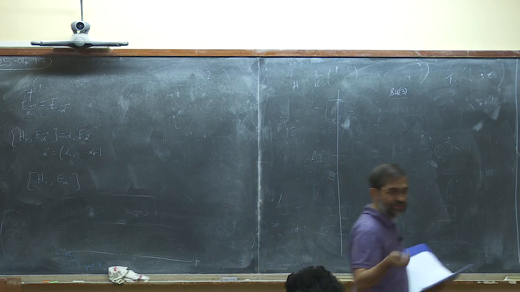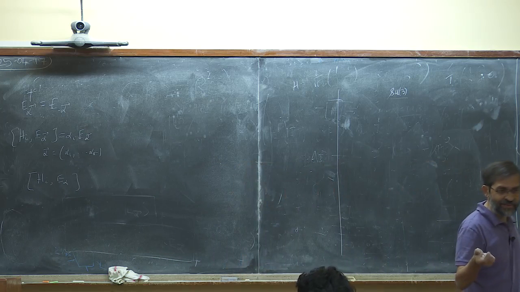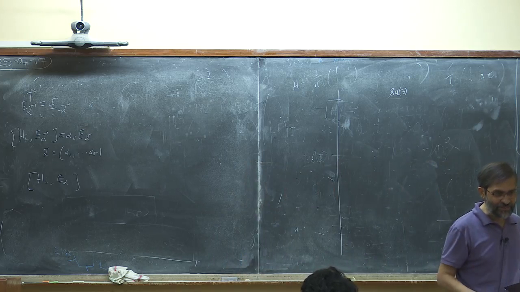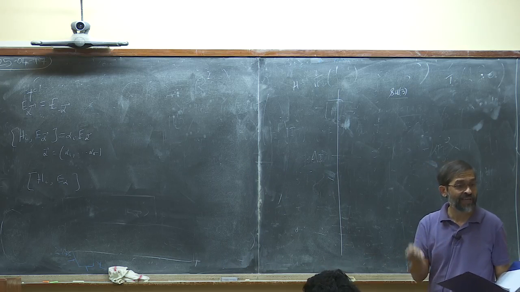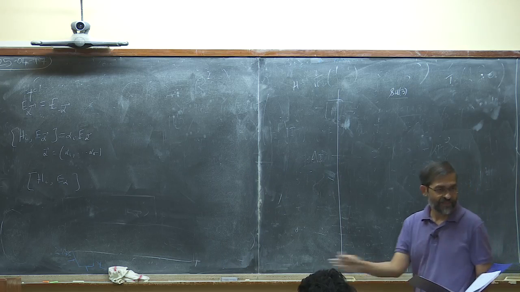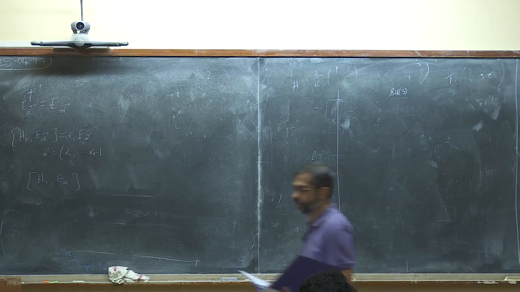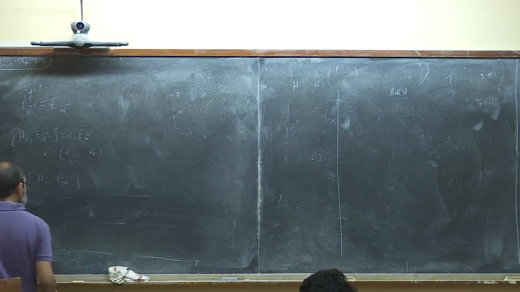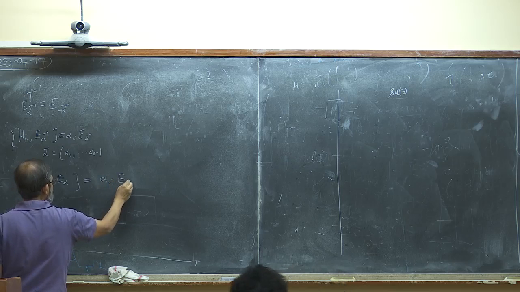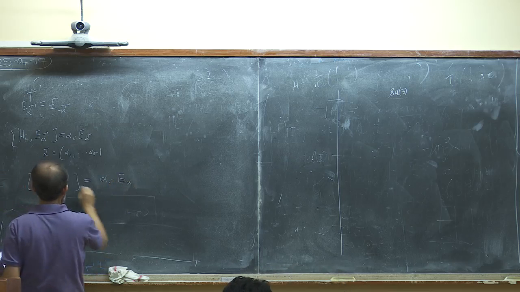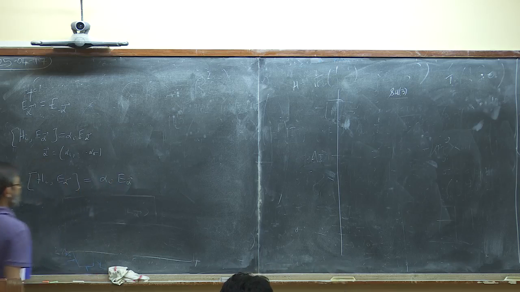So the number of non-trivial weight vectors in the adjoint representation is not dim G, which would have been the dimension of the thing, but dim G minus R, because R of them are trivially 0. Okay, all right. So you have this relation for E alpha. Let's take the complex conjugate of this relation itself.